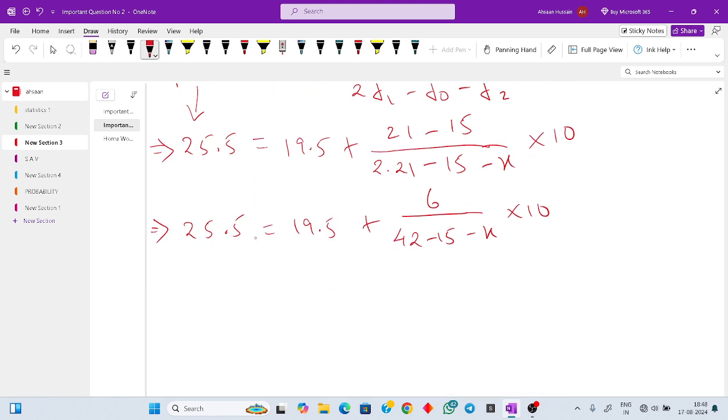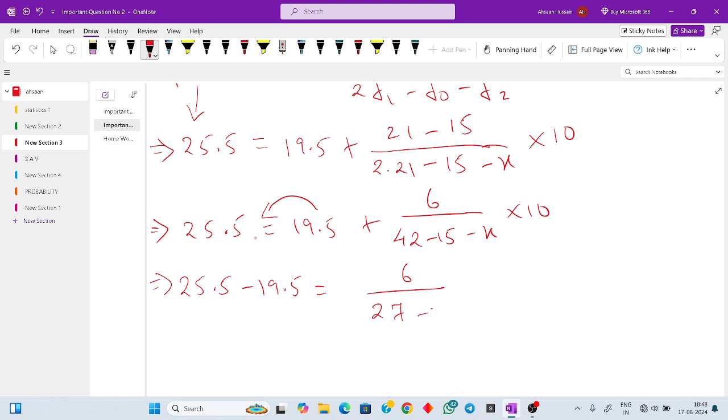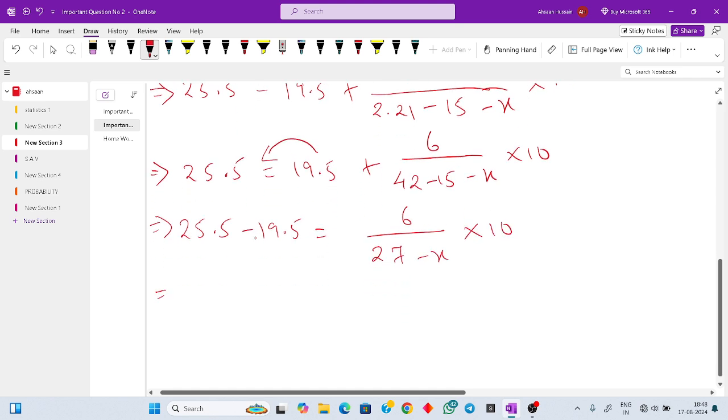Now this 19.5 will go to the other side and become negative 19.5. So this will be 6 by (42 minus 15, which is 27, minus X) multiplied by 10. What is 25.5 minus 19.5? It is 6.